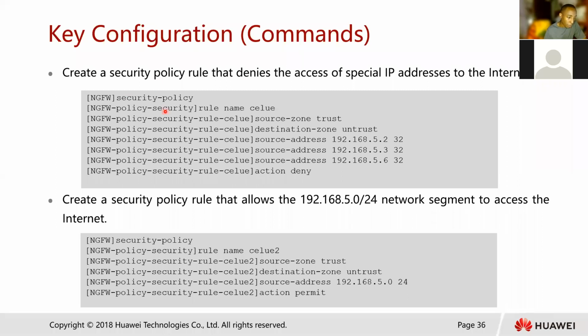We type security policy. That is the first thing. So we are about to create, right? You can see it goes to policy security, rule name. I'm going to call this, I don't know how to pronounce it, but let me say Kelu, right?